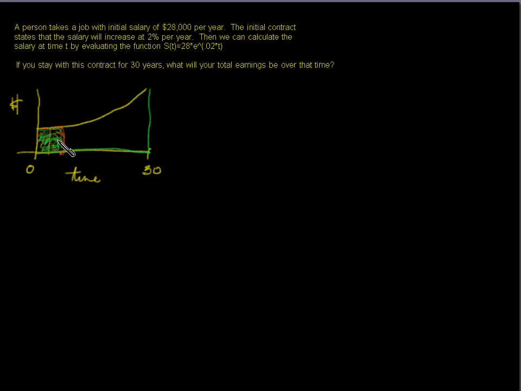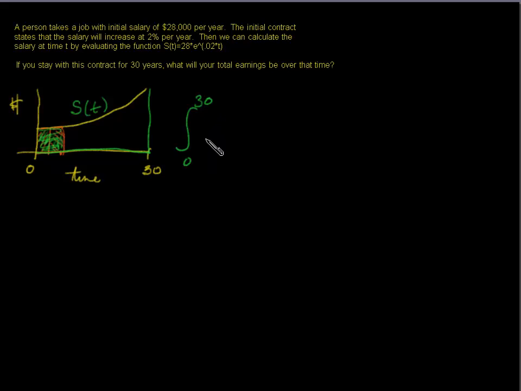Well, in fact, it would be the area under this curve that we're talking about, and this is your salary curve, which we'll call S of t. So it's really the area under the salary curve between 0 and 30 that would answer the question. That is, it's the definite integral from 0 to 30.